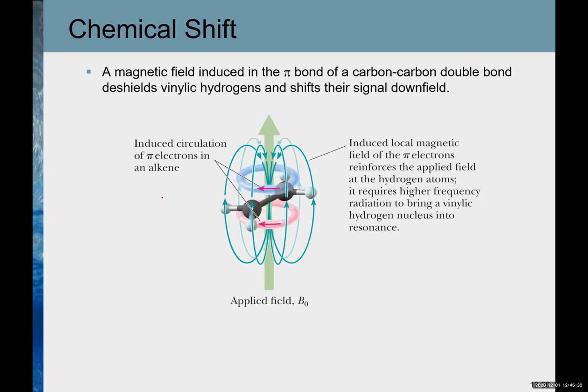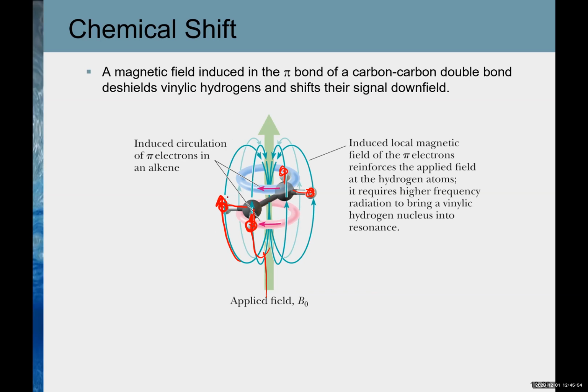But in the case of a double bond, again there are the same ring currents, but the protons are outside of the circle. Outside of the circle, the ring currents are in the same direction as the external field. So instead of shielding, they are doing the opposite.